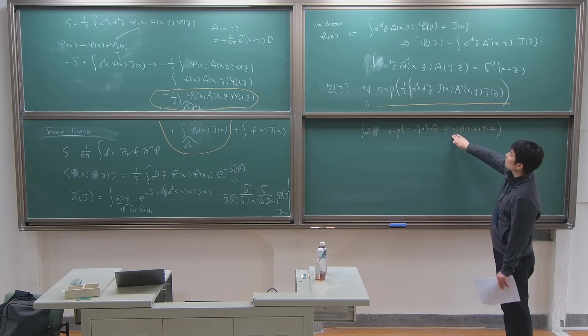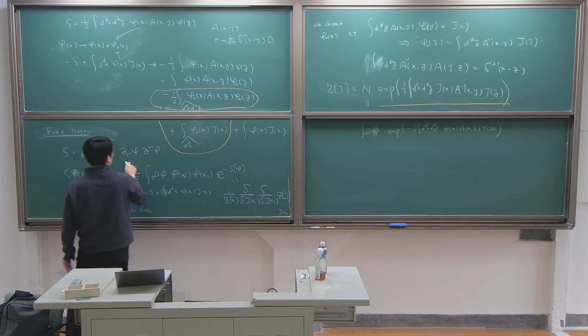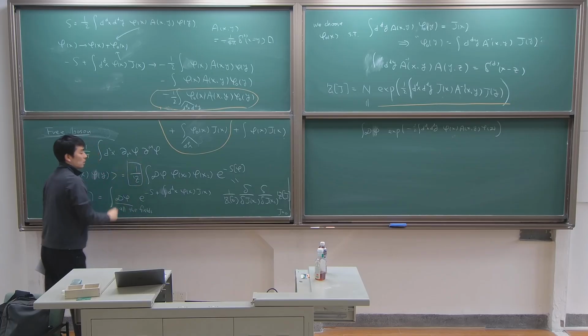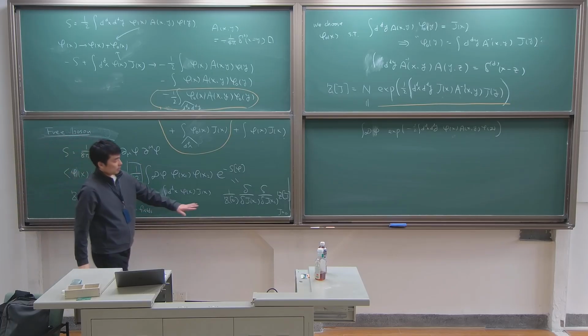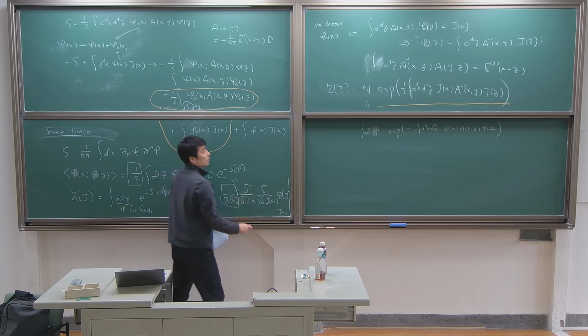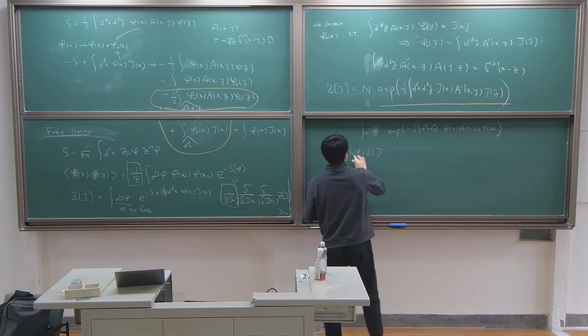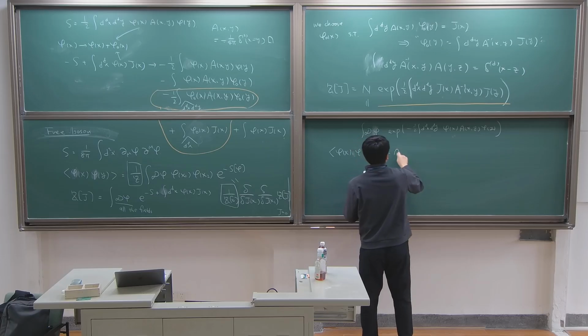It's just a normalization factor which cancels with the overall factor. Then you also have these two derivatives.